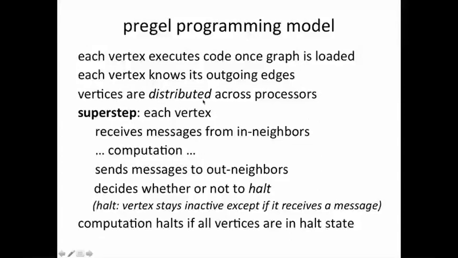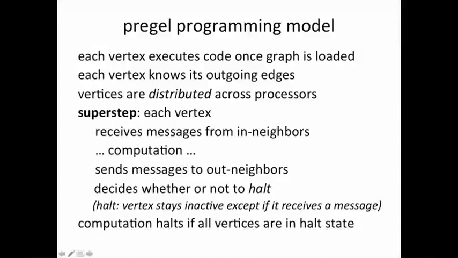Vertices are distributed across processors, so each processor executes the code for all its vertices. So it does an update for every vertex that it has in what is called a super step. After the super step is completed, a second super step starts, and so on until the program halts, as we shall see in a minute.